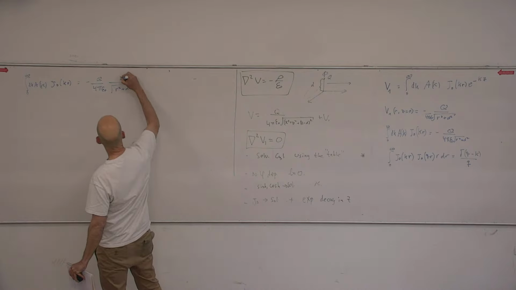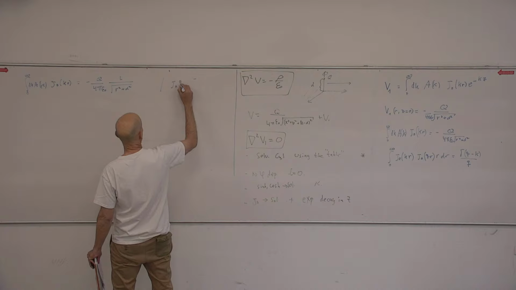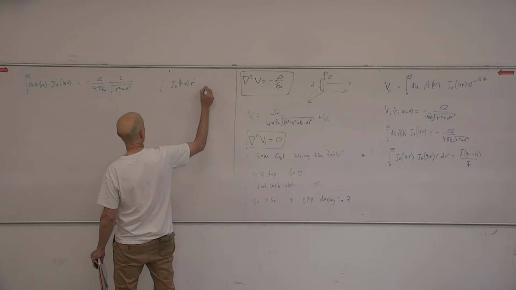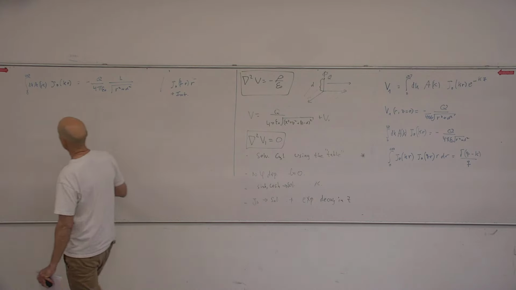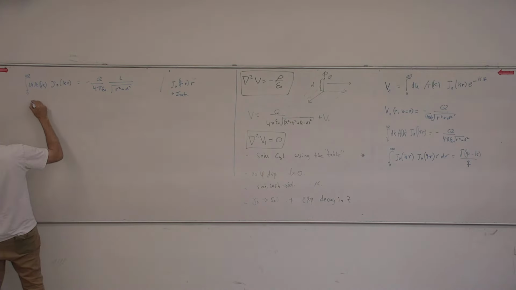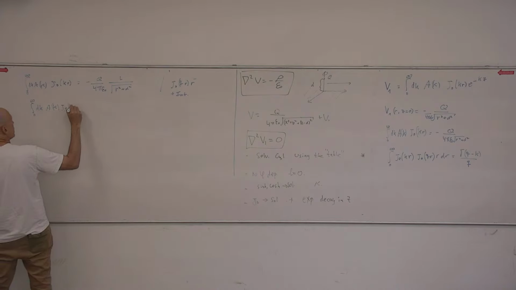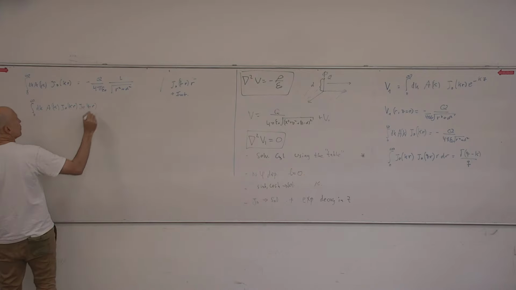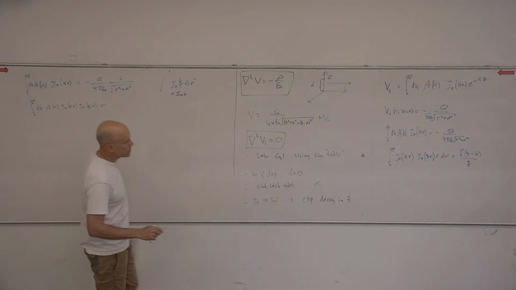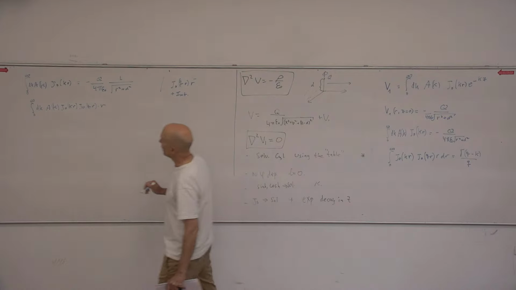I multiply this by J0 QR times R, and then I integrate from 0 to infinity dk AK J0 KR J0 QR multiplied by R. This is because of this. And dr.